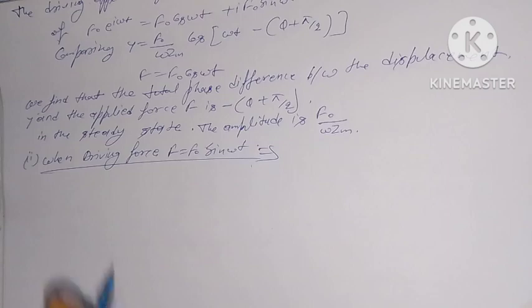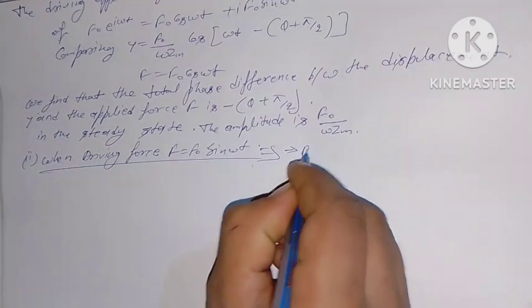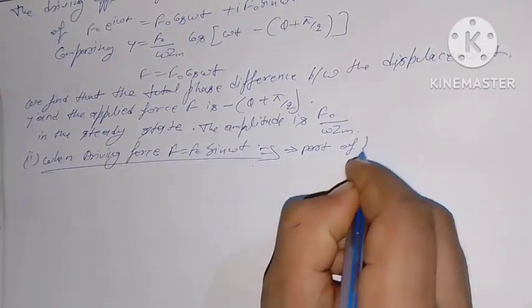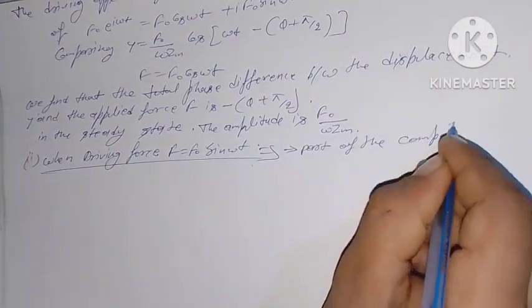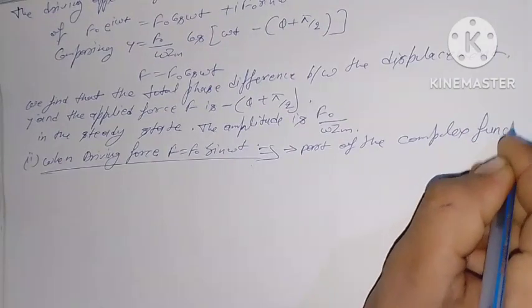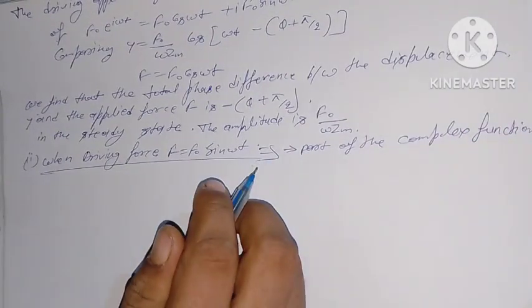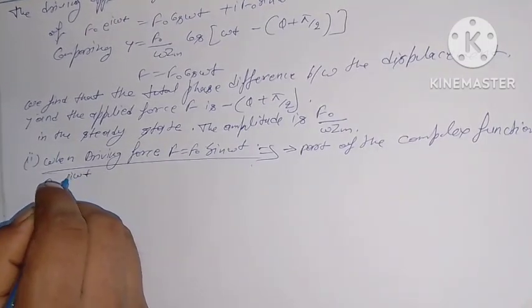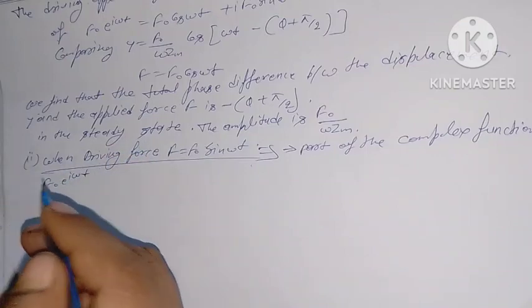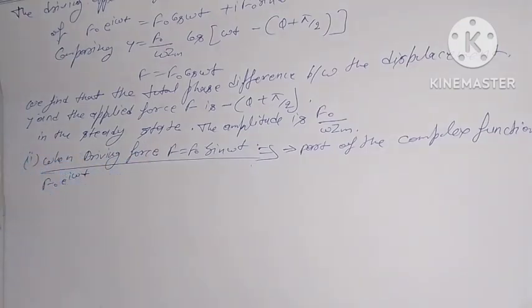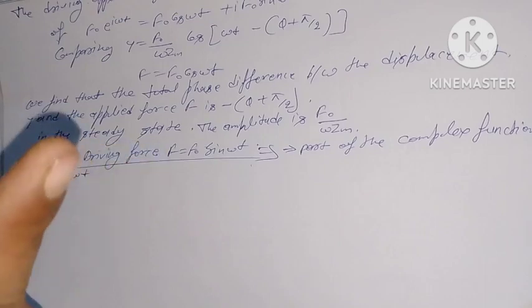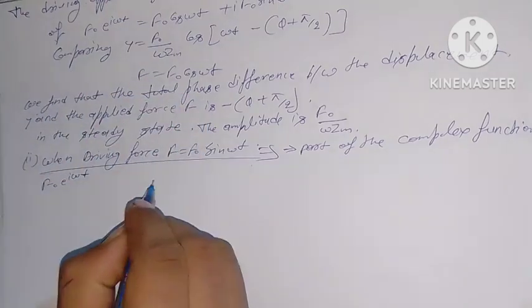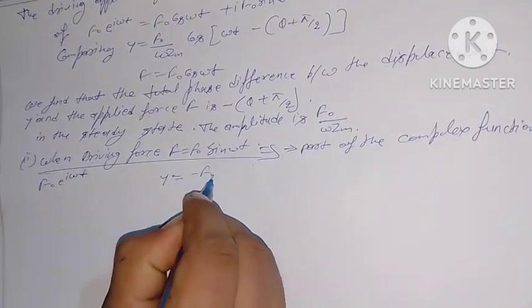The external driving force F = F₀ sin ωt is a part of the complex function F₀ e^(iωt), which is multiplied by the operator i. Therefore, the steady state term will now only consist of that part of equation number 4 which is multiplied by i, which is from equation number 5.